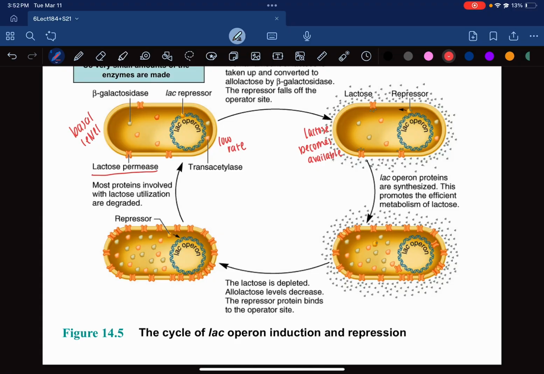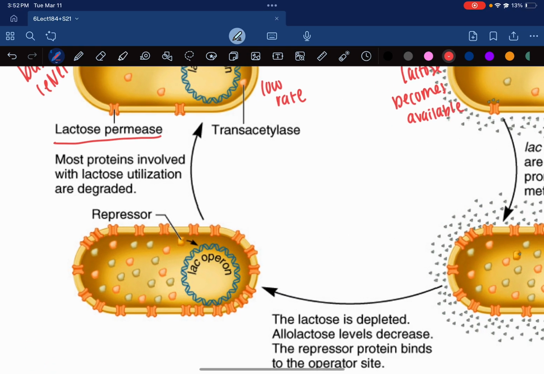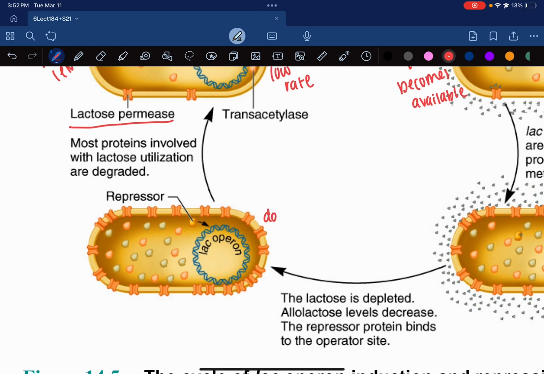And then you get lots of permease, you get lots of beta-galactosidase, you finally digest all of the lactose available, and then you have all of these proteins that start down-regulating, such as they get recycled as proteins digest, because they don't live forever. They have a half-life. So you have to keep making it over time, because eventually they will degrade, right?